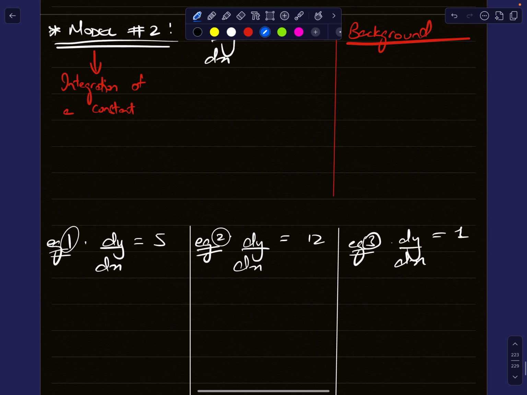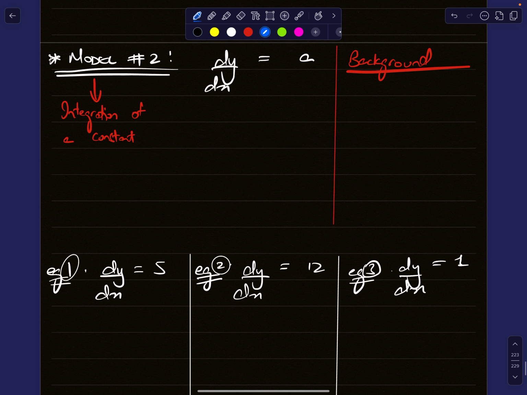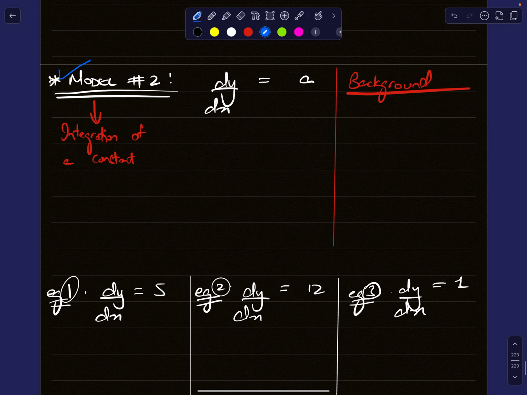Moving on, this is also part of basic integration where we only have a constant. This is the simplest case that can exist, and we'll write this as the constant with an x.